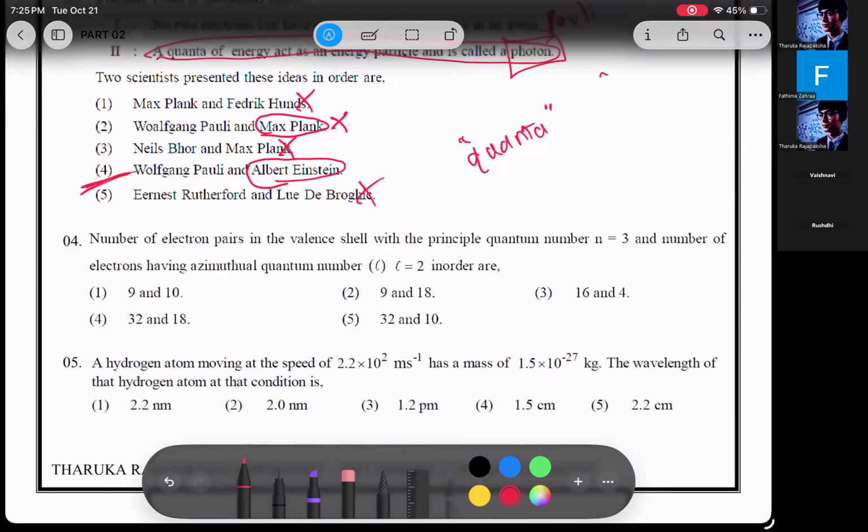Question number 4. Number of electron pairs in the valence shell with principal quantum number n equals 3 and number of electrons having azimuthal quantum number l equals 2.